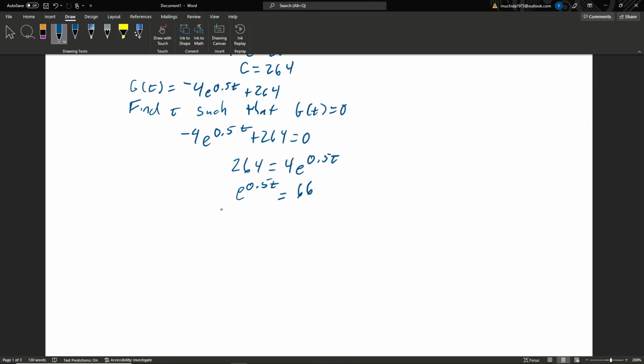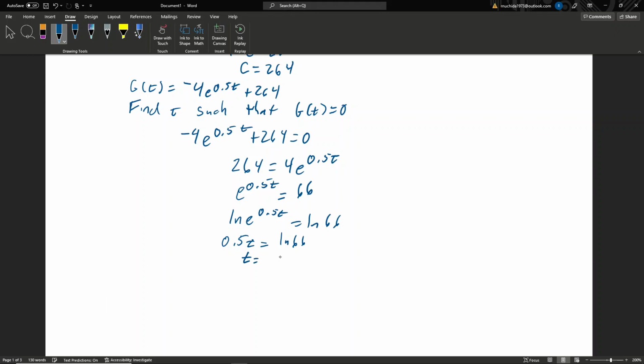Now to solve this exponential equation, when we have an exponential equal to a constant, we can take the natural log of both sides. We have the natural log of e to the 0.5t equals the natural log of 66. Using a property of logarithms, we can bring down that exponent to the front of the logarithm. So we'd have 0.5t times the natural log of e, and the natural log of e is just 1. So we have 0.5t equals the natural log of 66.